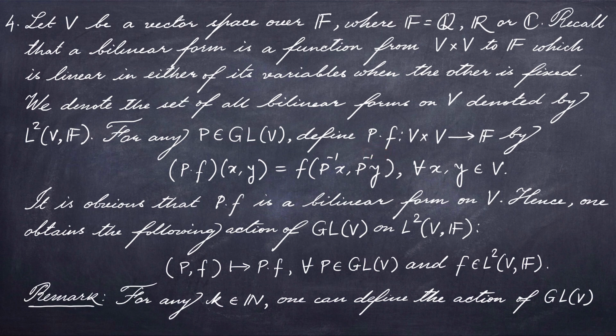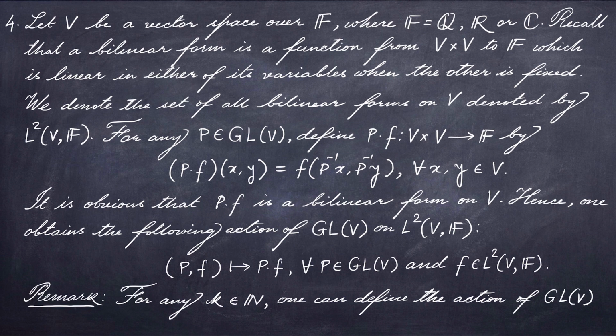For any x and y, Pf of (x, y) is defined as f of (P inverse x, P inverse y). First of all, it's quite easy to see that Pf thus defined is a bilinear form on V, and hence that provides the action of GL(V) on L2(V,F).